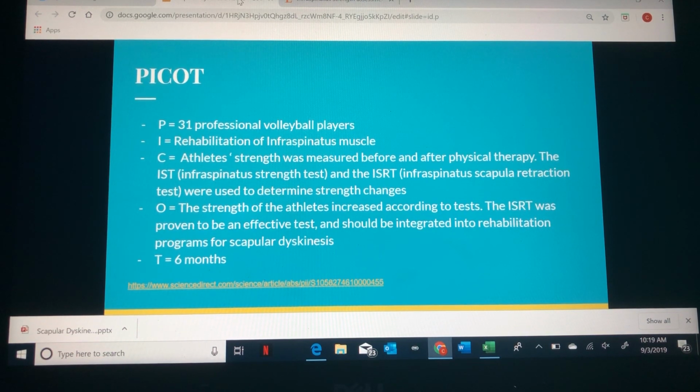And then they went through a strength training program through physical therapy. At the end of 6 months, they were able to successfully increase the strength of their infraspinatus and decrease any scapular dyskinesis involved.